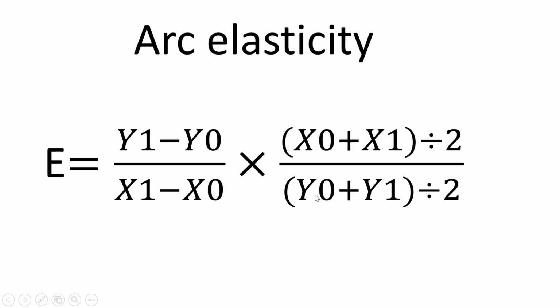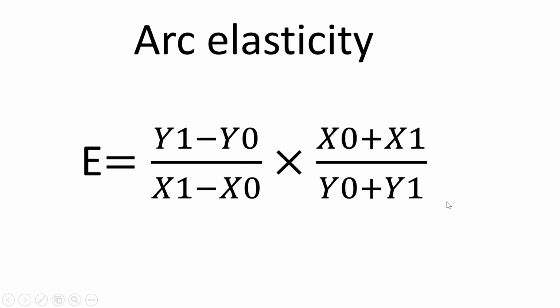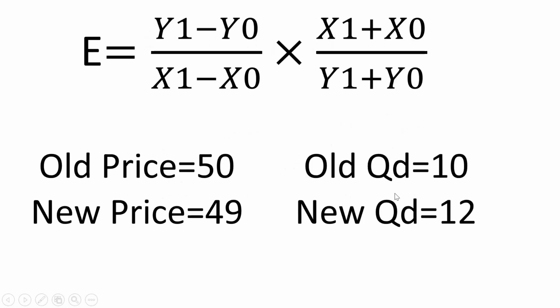Here also we add the old and new value and divide by 2. Clearly the division by 2 will cancel out and we'll be left with this. Now addition is commutative, so I can interchange the positions, and when I do that I get the expression up here. So this is what we are supposed to use whenever we are using the arc elasticity.